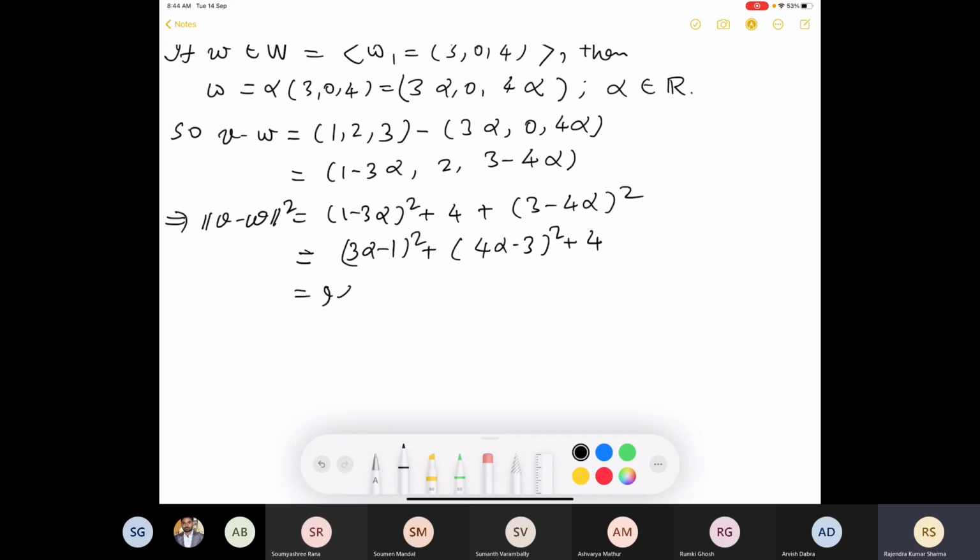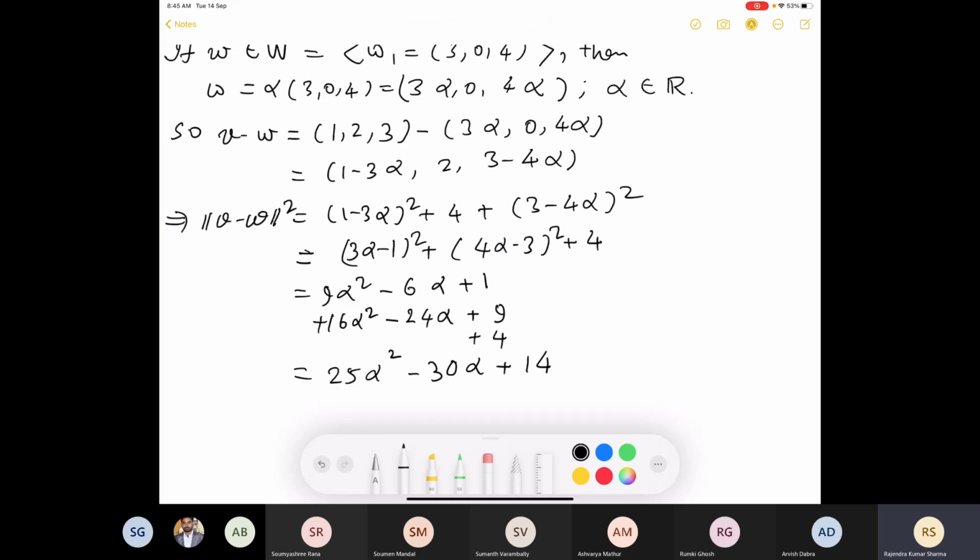So this is 9 alpha square minus 6 alpha plus 1, plus 16 alpha square minus 24 alpha plus 9, and plus 4. So this gives you 25 alpha square minus 30 alpha plus 14.